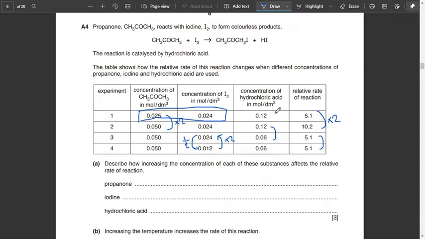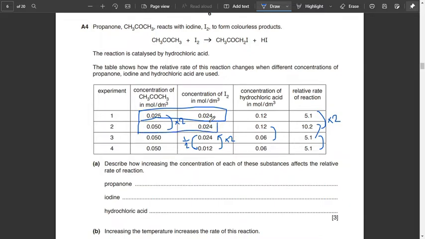So as we see here it has been doubled, over here as well it has been doubled. That means it's from 5.1 to 10.2, which very clearly tells us that hydrochloric acid has been doubled. In other words, as we increase hydrochloric acid, the relative rate of reaction increases. I hope you understand my point.